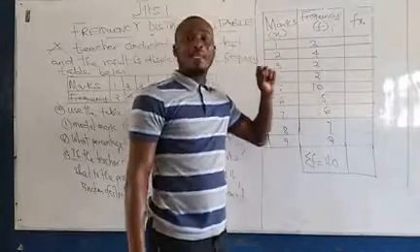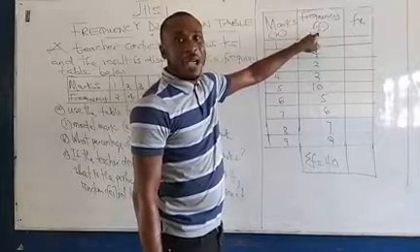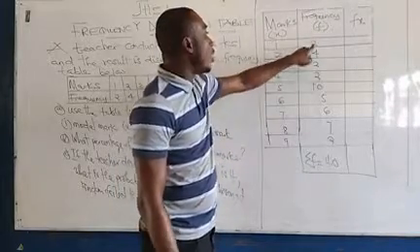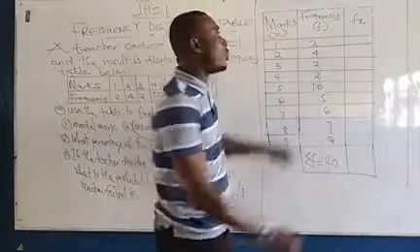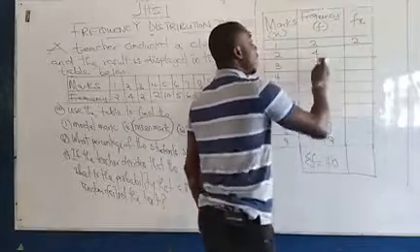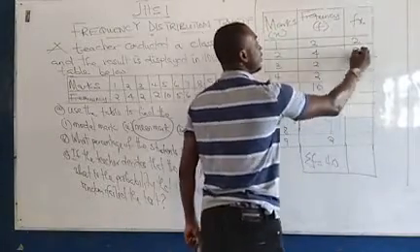Again, we learned in our previous lesson that fx means multiply the values of f by x. So you multiply this by this. When 2 multiplies 1, that gives you 2. What is 4 times 2? 8.